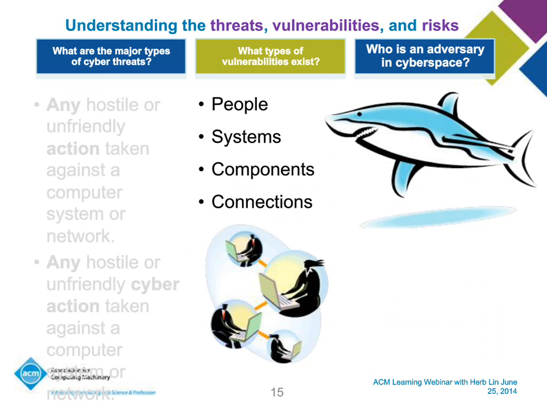We worry about the different kinds of vulnerabilities that occur because we have people, systems, components, and connections. People are the entities that operate these systems, and these systems operate on behalf of the people involved. And people, as you know, are a weak link in this, because you can compromise users.